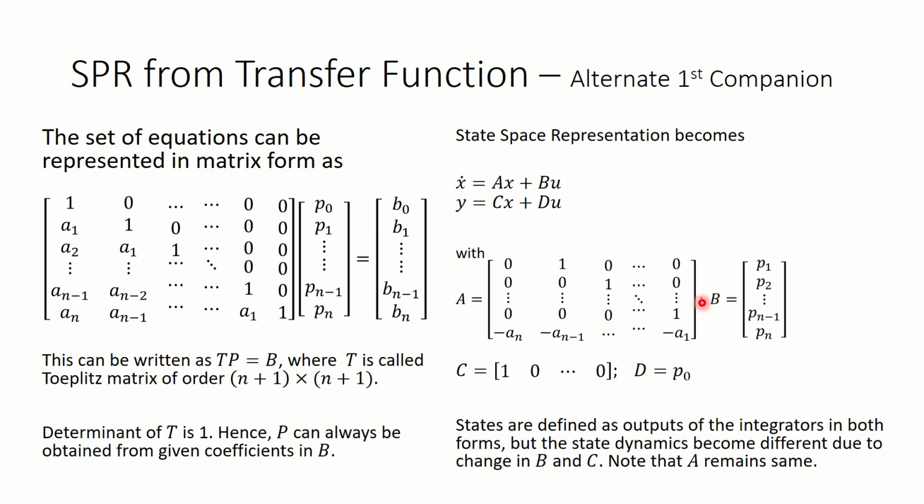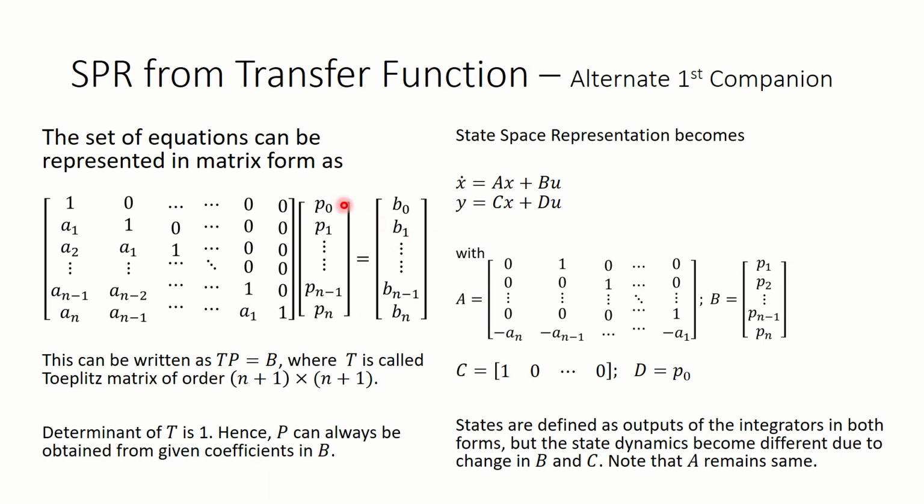What had changed? B has changed, because we have incorporated u in each of the dynamics of x1 to xi. So each of the state dynamics is having u coming in, and it is coming in through all these pi's, and now we know what these pi's are. We can use this equation to evaluate these pi's.